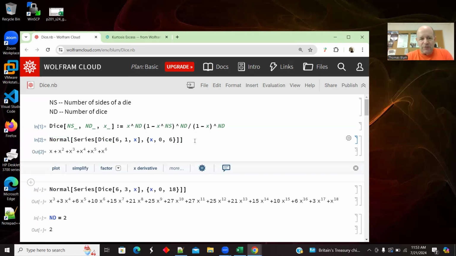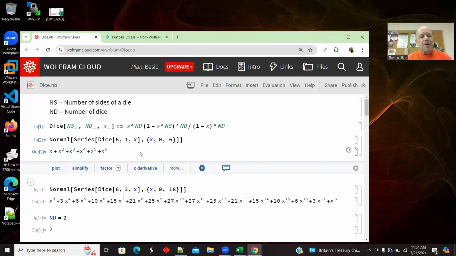So here is this generating function for one six-sided die. It's x plus x squared plus x cubed up to x to the sixth, and then you can see where this came from. It's well known that that's a geometric series, starting at x rather than starting at 1, and it's finite.